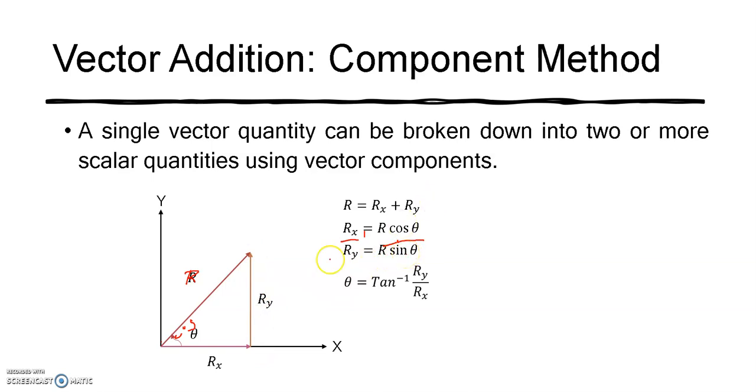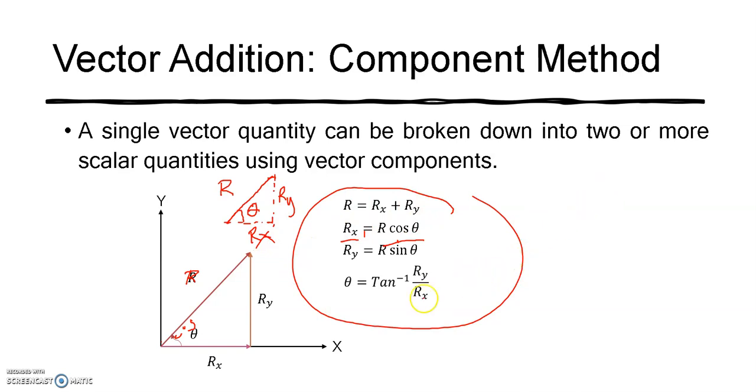So here I will draw the initial vector R. If you are going to get the magnitude of this, you have to consider the theta. That is why you draw an imaginary or broken line representing your Ry, and a broken line representing your Rx.